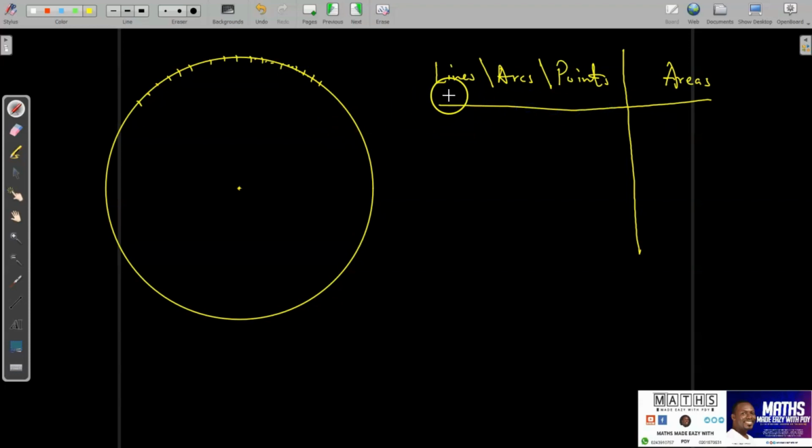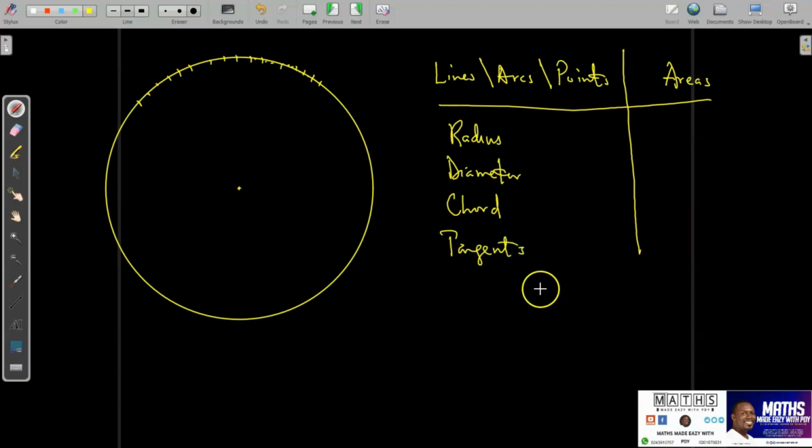So lines that we can form on the circle include the radius, the diameter, the chord, and the tangent.